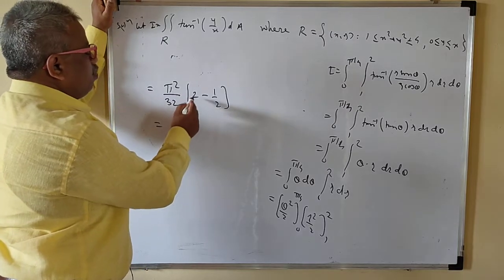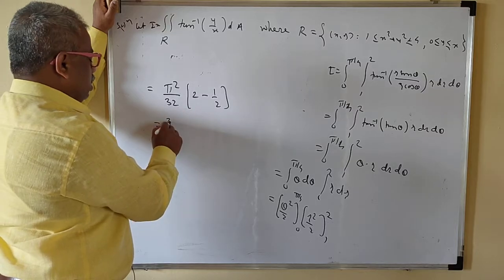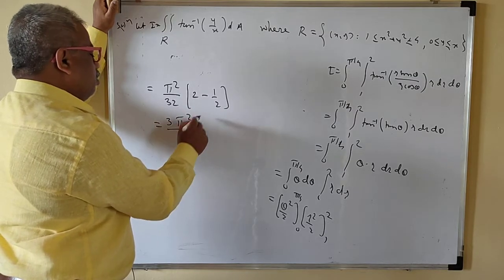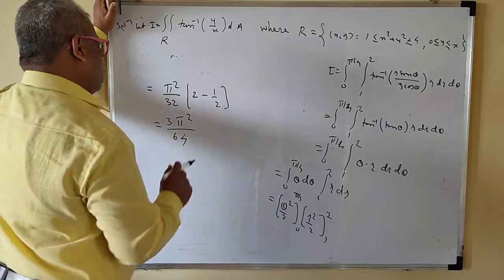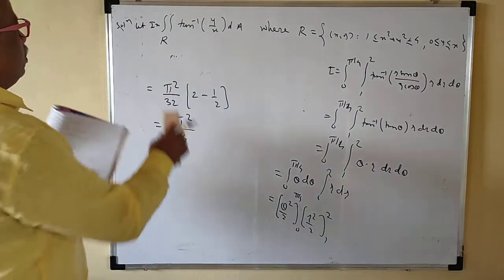So this is 4 minus 1 upon 2, that is 3 by 2. That means 3 pi square by 64 is your required answer. Okay.